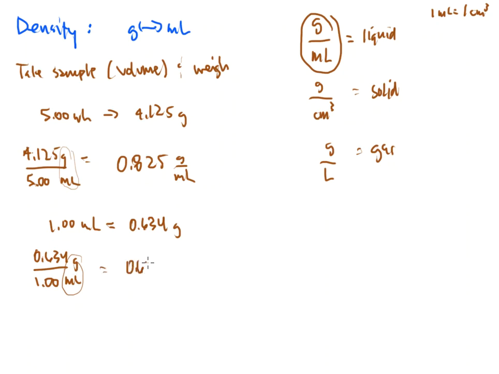So that's 0.634 grams per milliliter. That's why we do that in a lab, because if we can measure out 1 milliliter of liquid and weigh it directly on the balance, we automatically get the density. We don't have to do an extra calculation, because anything divided by 1 is that same exact number. So it's quick, it's easy, it's painless, there's no calculator involved. Whenever we do that in a lab, that's what we do. So that's what I encourage you to do as well in a laboratory.